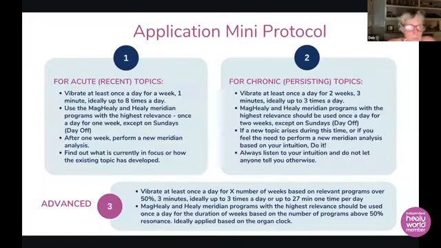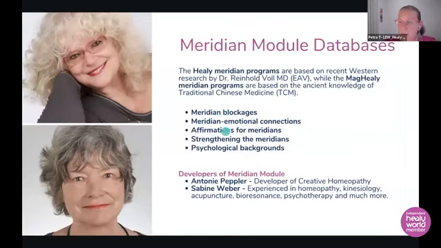Okay, so this is coming from this. I'll show you. These are the databases. We have meridian blockages, meridian emotional connections, affirmations for meridians, strengthening the meridians, and psychological backgrounds. These are the databases that show in the desired state description.